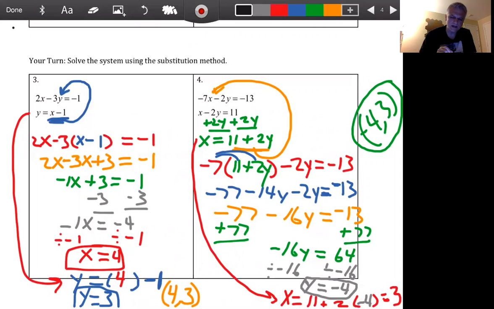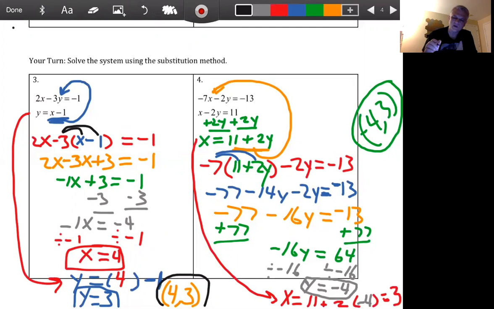We simplified by distributing, and then we solved for x, and we got 4. And then we substituted back into the y equals that we used before, and we got y equals 3. So our answer was 4, comma 3.